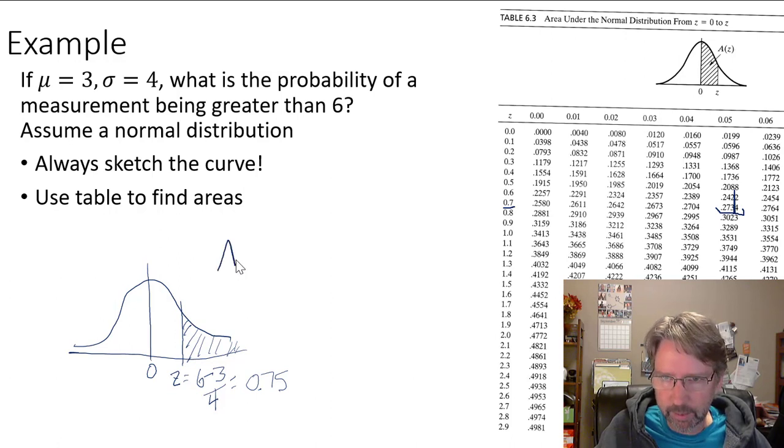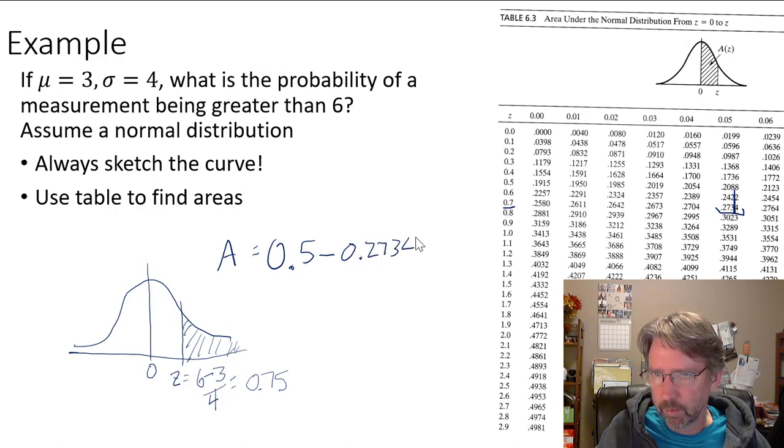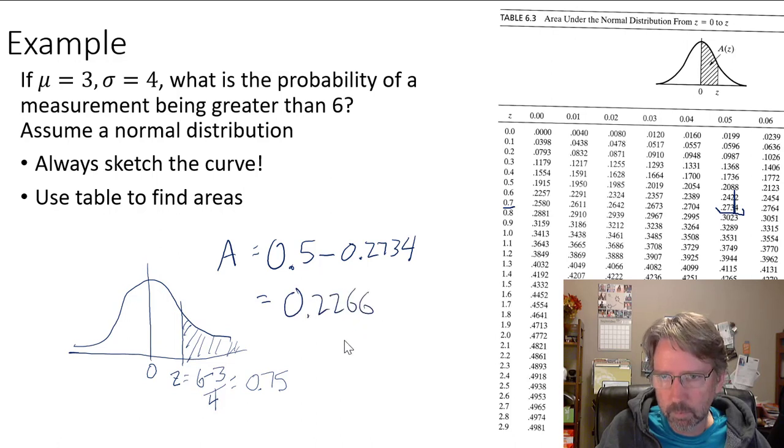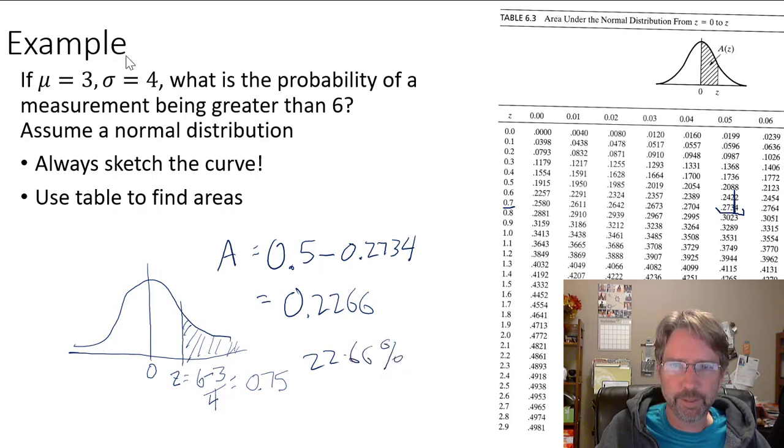So our area is going to be 0.5, which is the whole area here, minus 0.2734. So that is 0.2266, or 22.66%. You can read that. So that's how we use this table in order to find the areas under the curve and try to find probabilities.